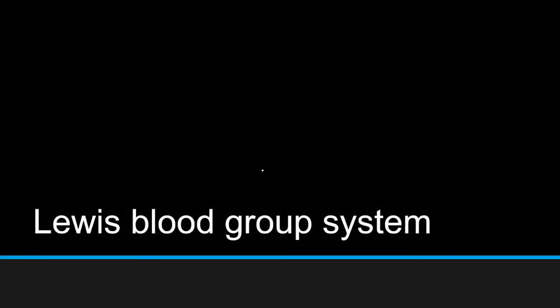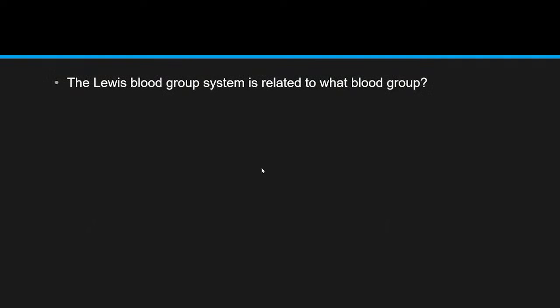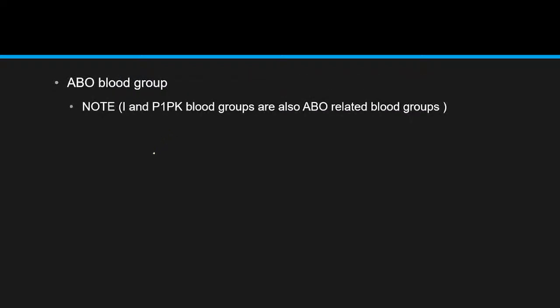All right? Now, let's talk about the Lewis blood group system. The Lewis blood group system is related to what blood group system? Again, I mentioned it before. It is intimately related to the ABO blood group system. And note that also P1PK and the I blood group systems are related to ABO. Just a reminder.